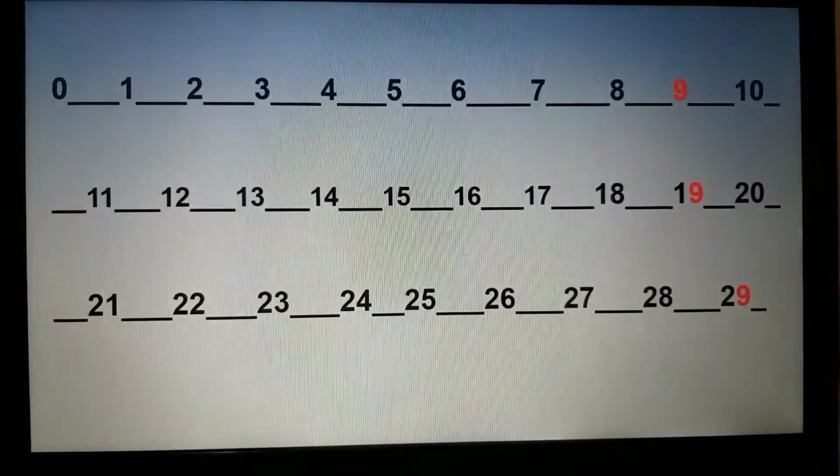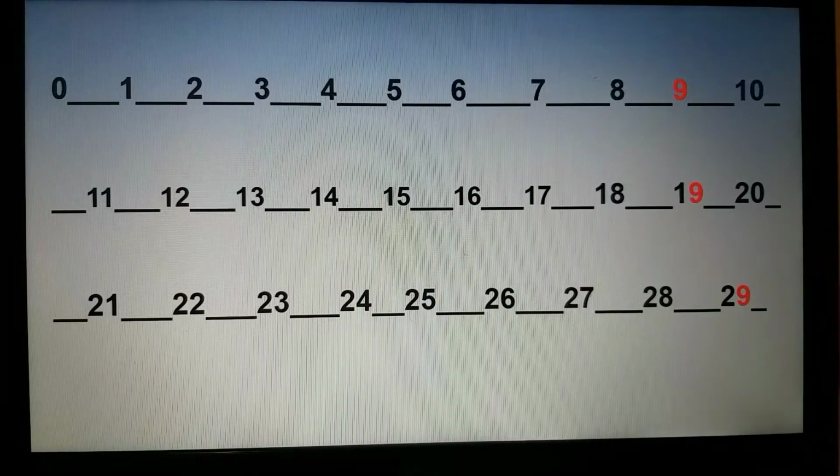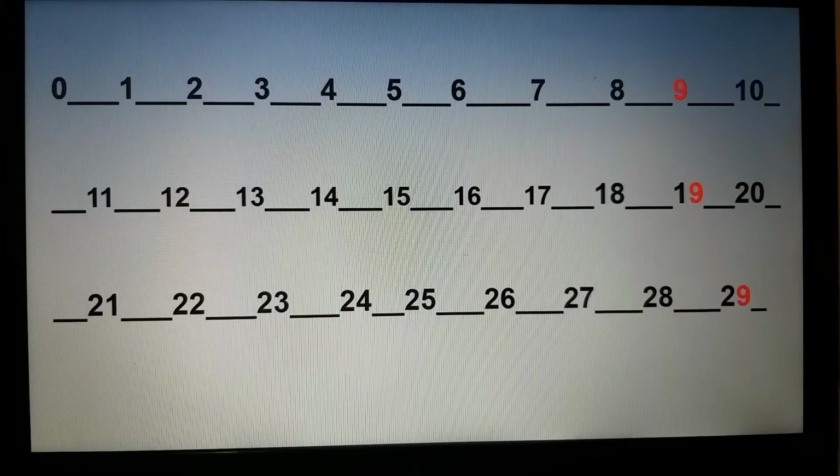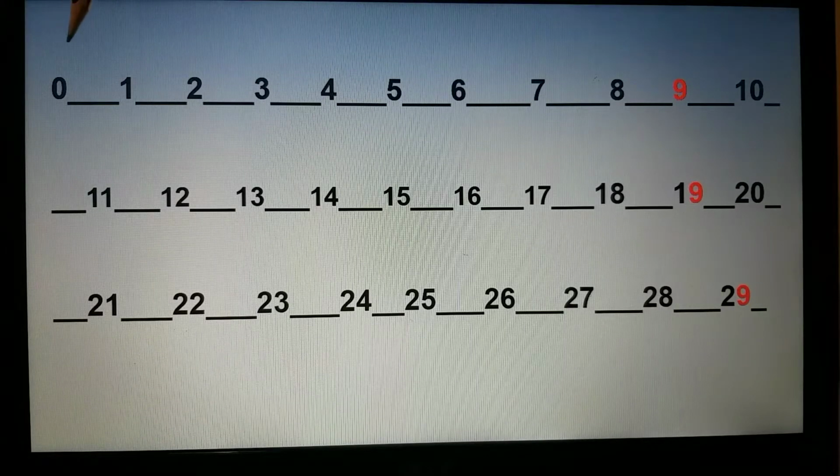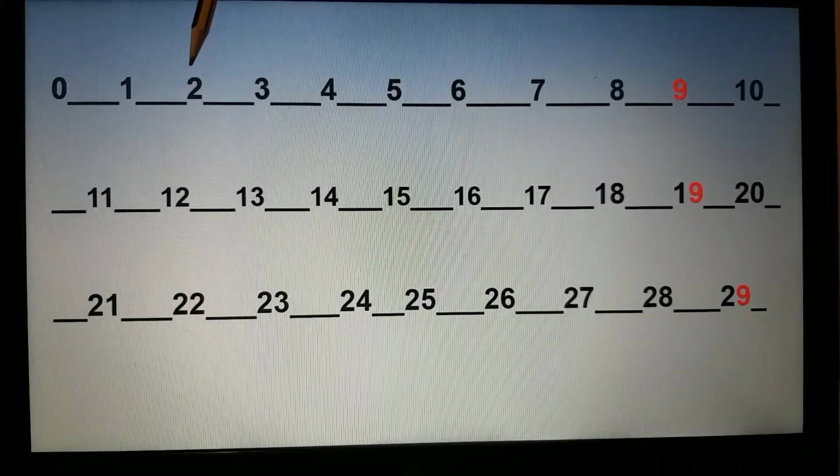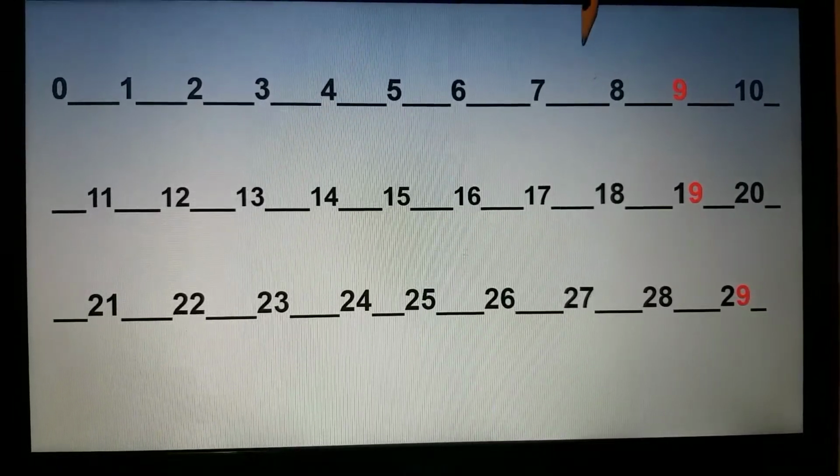So first we will have a look at how these numbers build up, and we will have a look at the number line again. If you see, it starts from 0, and this is the basic number line with all the whole positive numbers. Each time we add 1 and we get the next number: 1, 2, 3, 4, 5, 6.